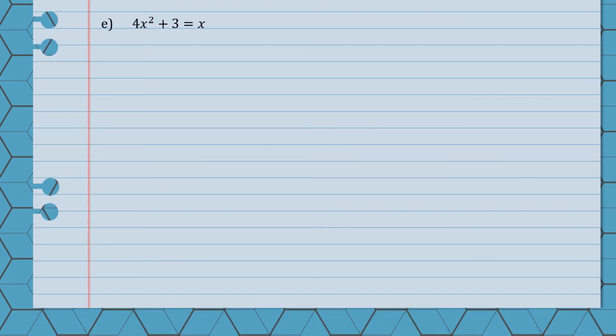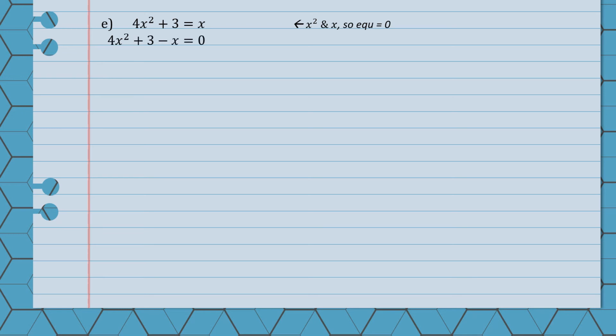For E, we have 4x squared plus 3 equals x. Notice the equation. We have an x squared and an x, so our equation needs to equal 0. Currently, it does not. So, we need to subtract x on both sides.